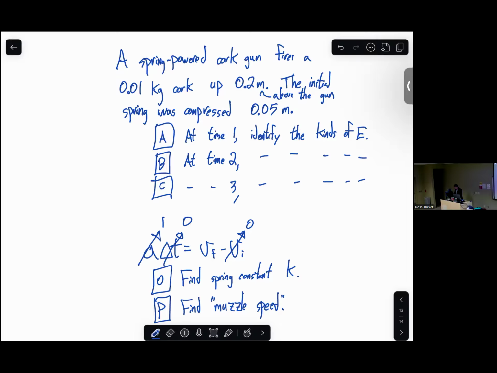I will remind you also that the units for spring constant are not joules, newtons per meter.